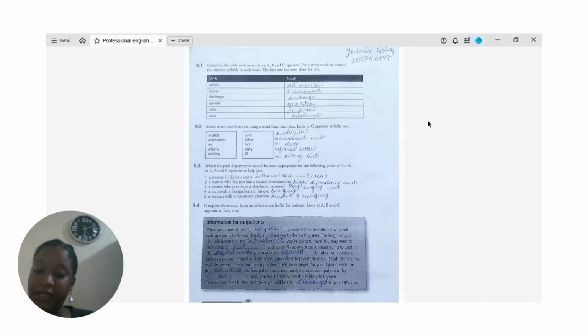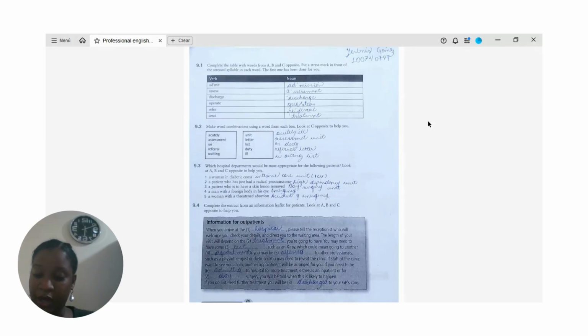9.4 Complete the extract from an information leaflet for patients. Look at A, B, and C opposite to help you. Information for all patients. When you are at the hospital, please tell the receptionist who will welcome you, check your details, and direct you to the waiting area. The length of your visit depends on the treatment you're going to have.